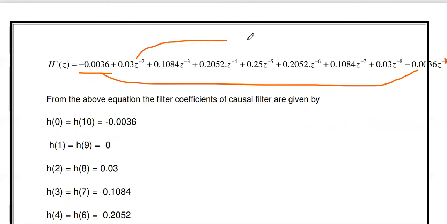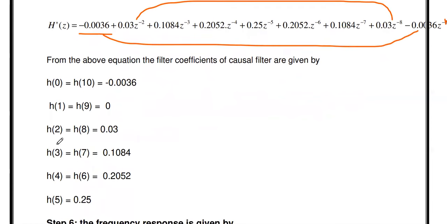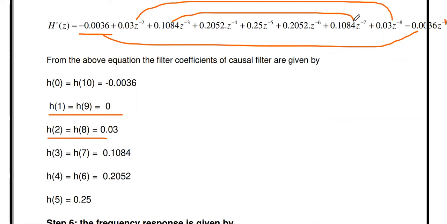Similarly, the z^-2 coefficient and z^-8 coefficient, that is h[2] and h[8], are equal. Here there is no z^-1 or z^-9 term, so h[1] and h[9] are 0. Similarly, the z^-3 and z^-7 coefficients are equal.